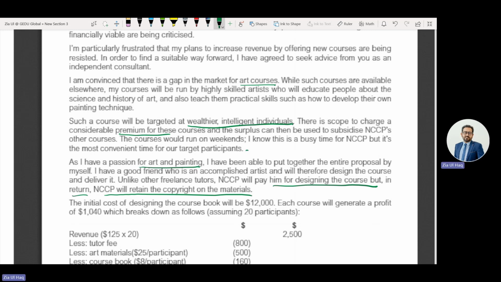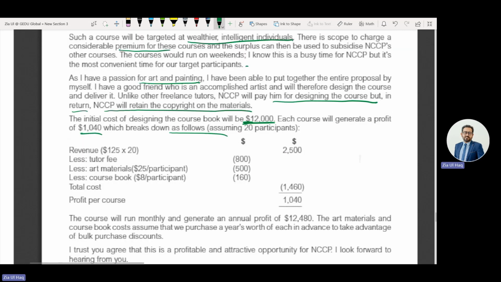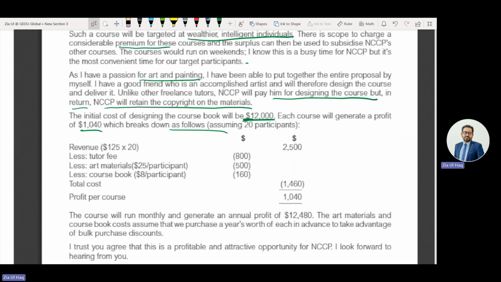Let's see, the initial cost of designing the course book will be $12,000. Each course will generate a profit of 1040, which breaks down as follows, assuming 20 participants. Revenue, 20 participants, per participant $125, so this will be total revenue. Tutor fee, that is $800.